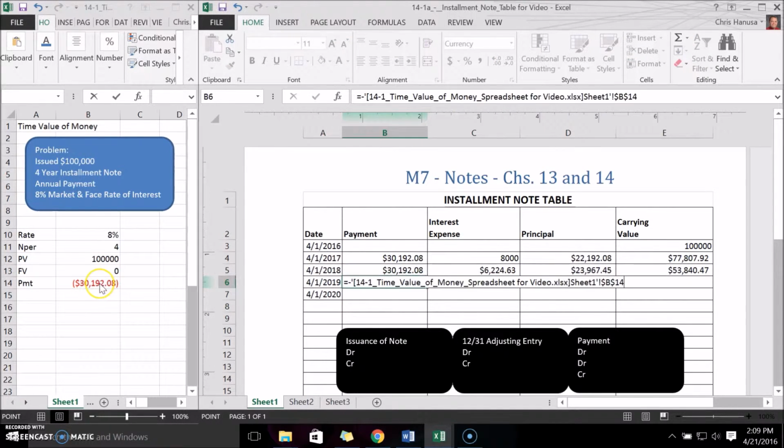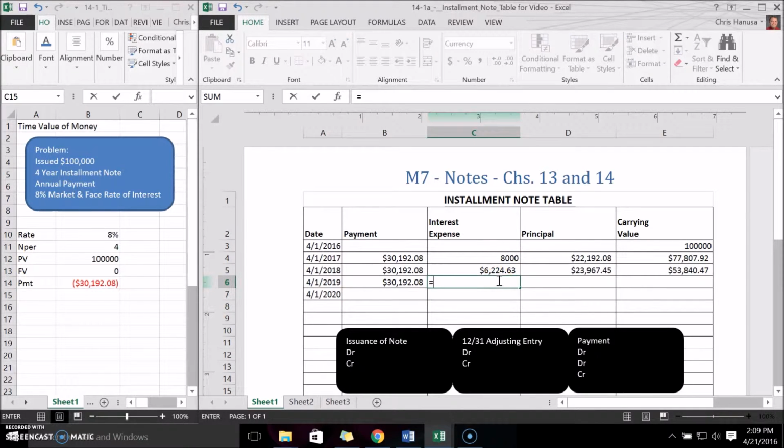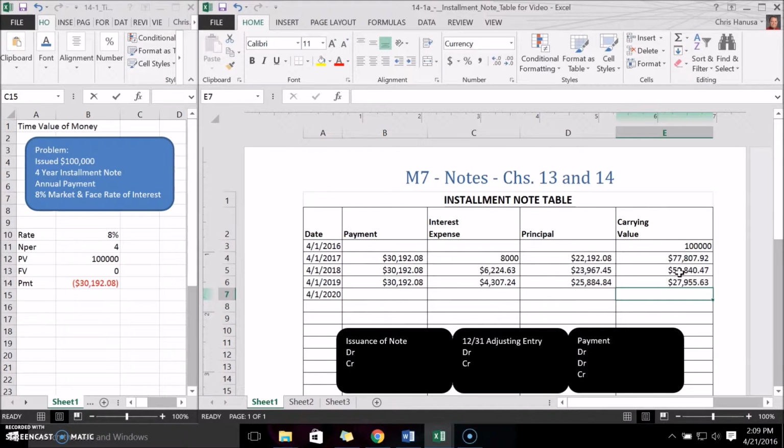Again, same steps. Calculating our interest expense equals the amount that we owed at the end of last year times our 8%, and our principal, again, we'll knock off by a little bit more every single payment. Carrying values again decreasing, and you can see now we're at $27,955.63.